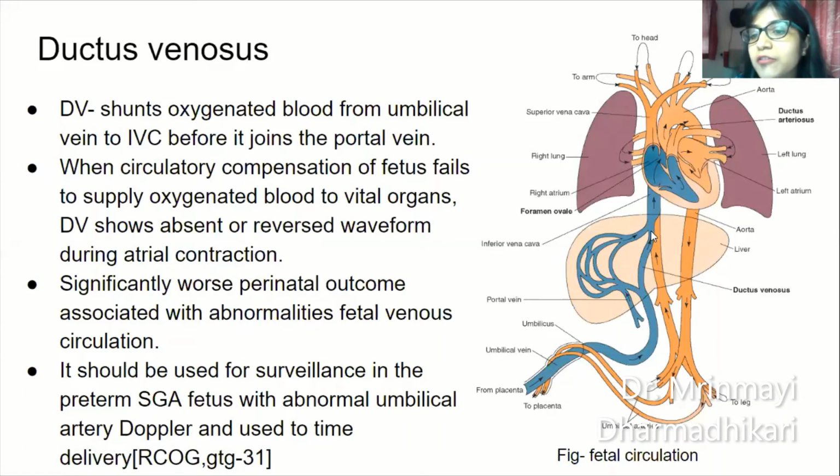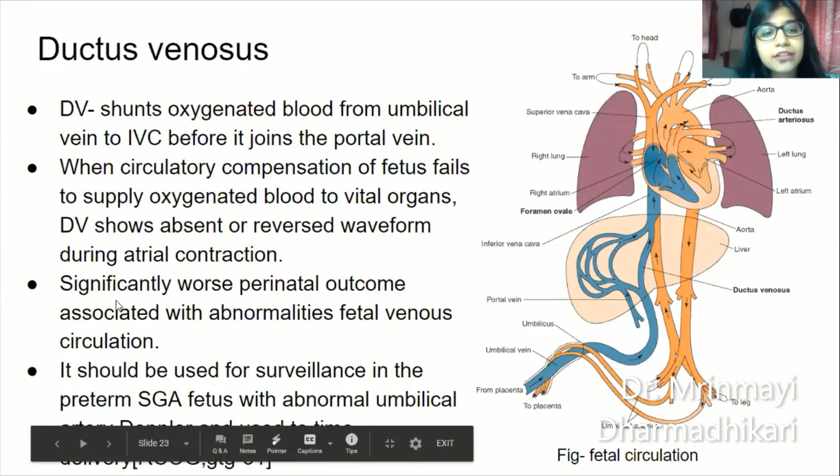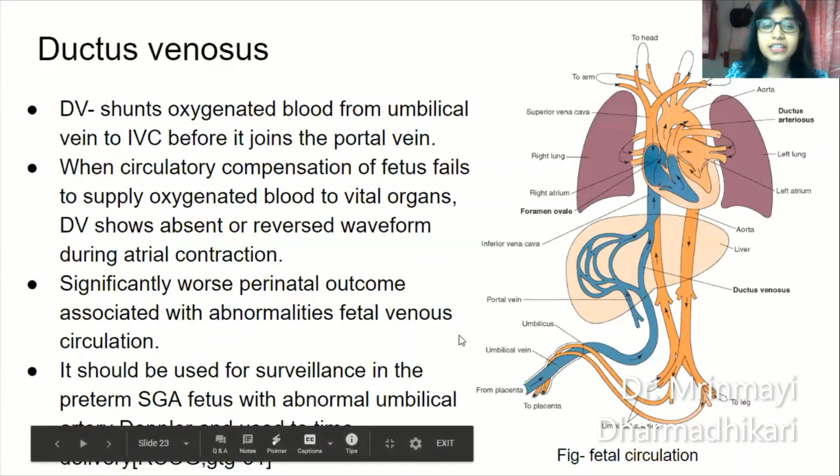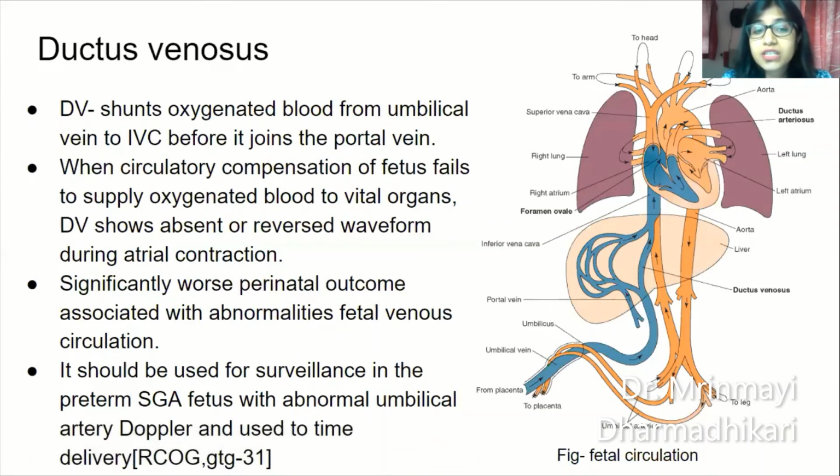Now, this will be reflected in the ductus venosus as either absent blood flow in the ductus venosus or reversal of the waveform. Okay. This signifies a worse perinatal outcome and is associated with abnormalities with fetal venous circulation. So whenever fetal venous circulation changes start taking place, it is associated with a worse perinatal outcome because it implies that the circulatory compensatory mechanisms of the fetus have started failing.